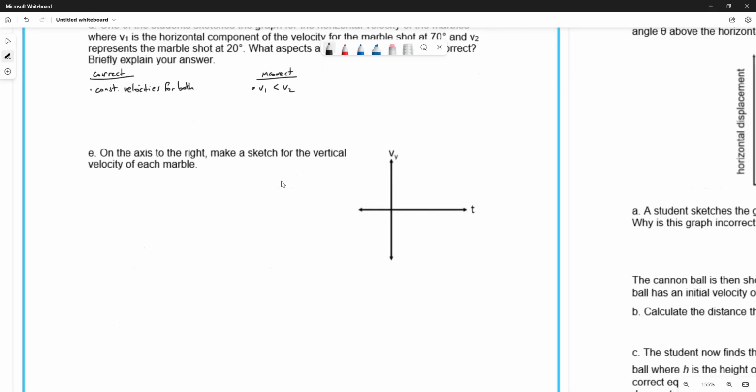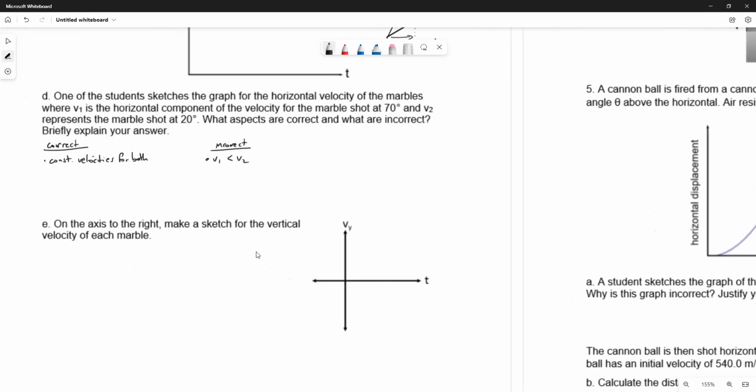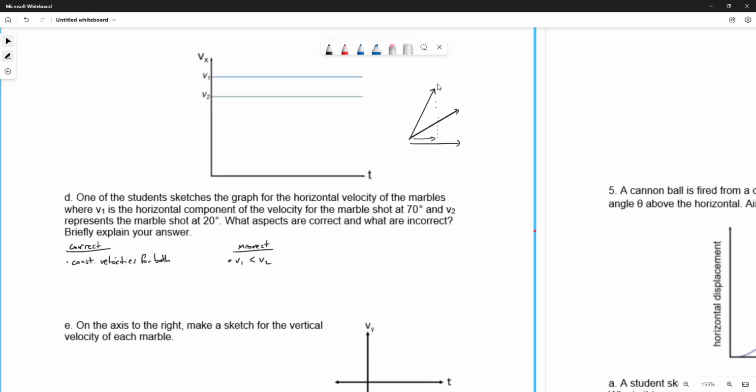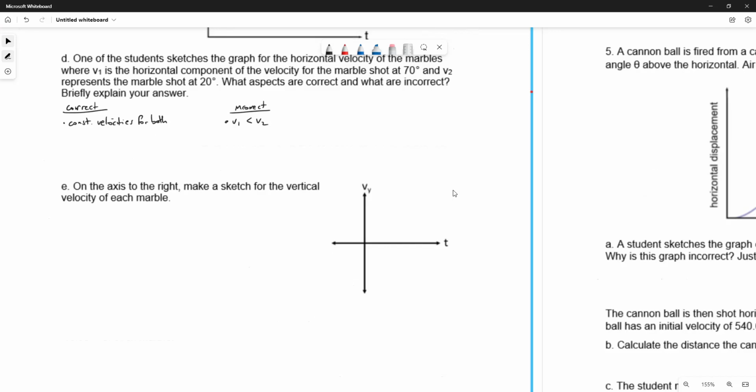On the axis to the right, make a sketch of the vertical velocity of each marble. This one can also be kind of tricky. The vertical velocity, right, in the beginning is larger for the 70-degree angle, right? Whereas for the 20-degree angle, it's smaller. So we know that our starting points are going to be different, right? So for the 70-degree angle, we're going to start higher.